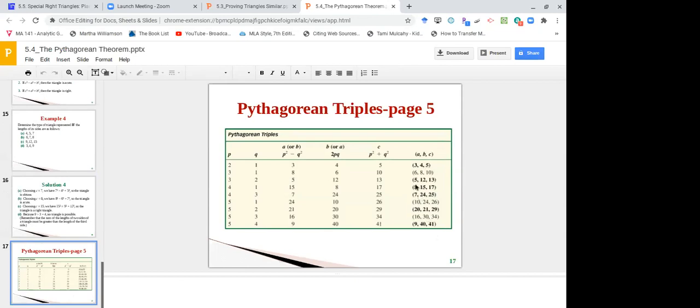You may memorize a few of these. You do see Pythagorean triples quite a lot in other math classes. So you may want to memorize, especially the 3, 4, 5, the 6, 8, 10, the 5, 12, 13, and the 8, 15, 17. Those are the ones that I've seen the most. But again, not completely necessary, but they do show up again.